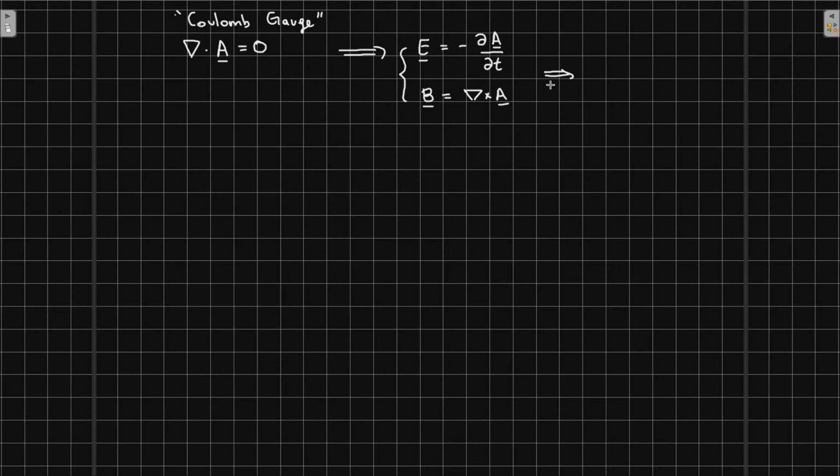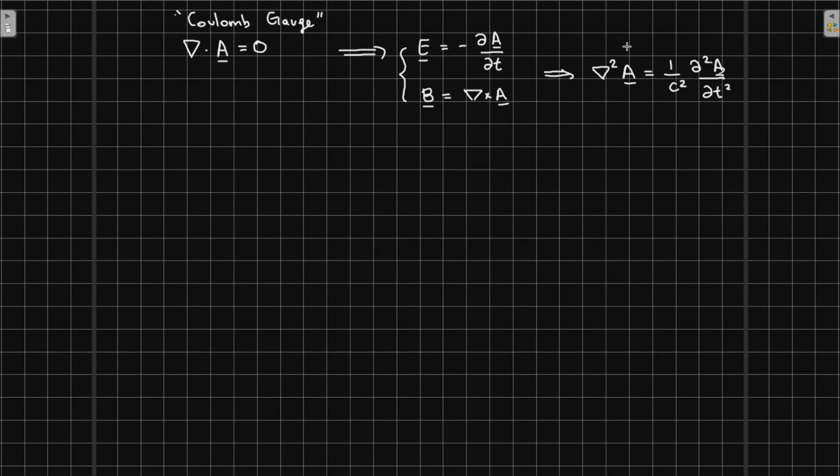It's pretty much equivalent to deriving the wave equation from Maxwell's equations, and eventually you will find that the Laplacian of A is equal to 1 over c squared times the second derivative of A with respect to time. So this is just the classical wave equation.